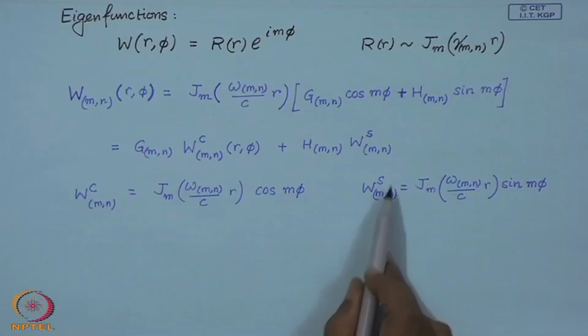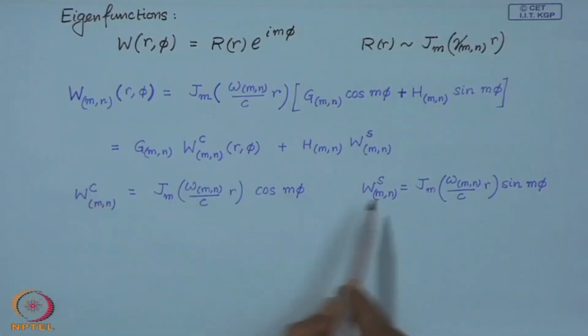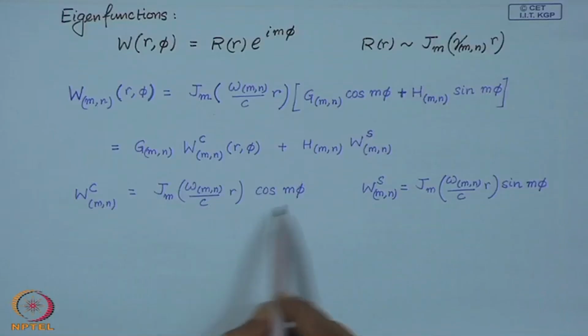So, I am introducing this notation with a subscript C or S to indicate this cosine or the sine.